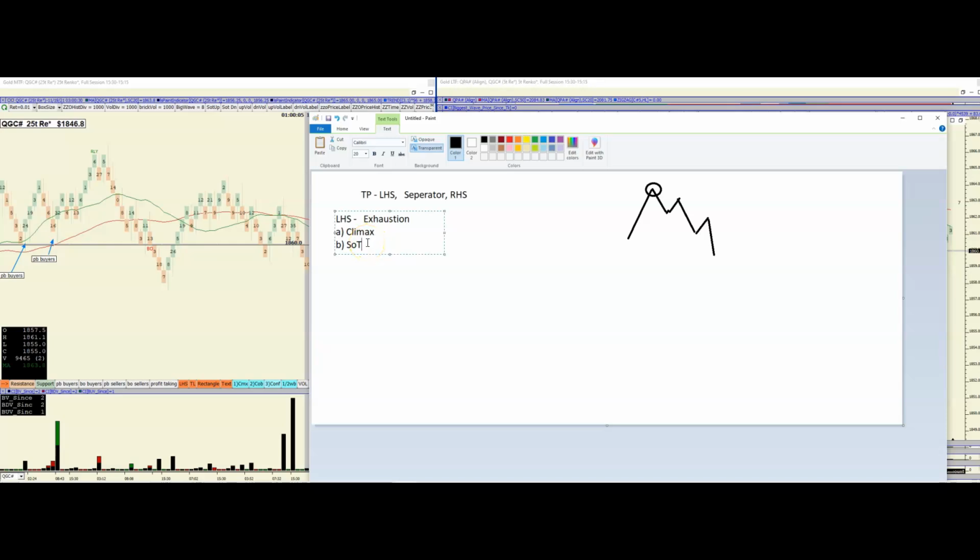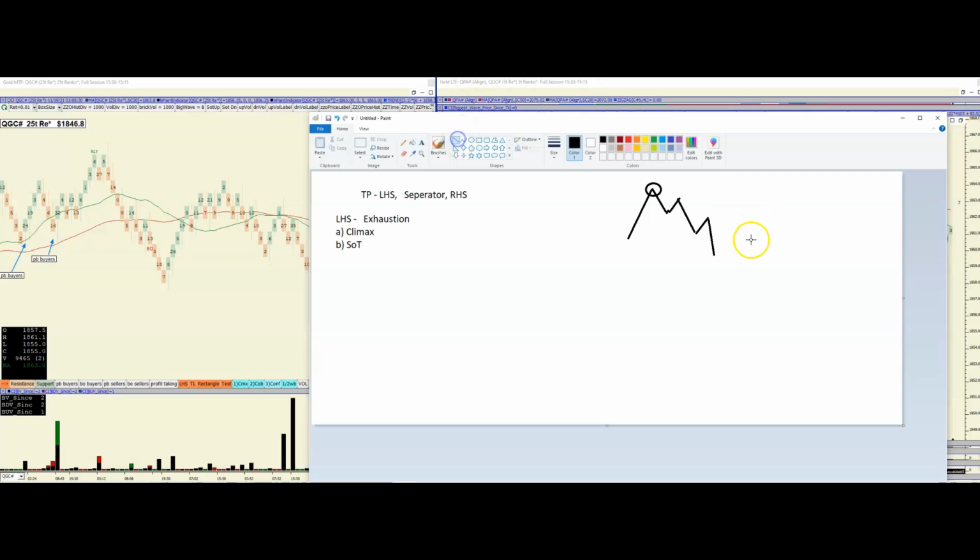This type of exhaustion is more gradual. And what I mean by that is it's very methodical. So you have from high to high, and this is also what Wyckoff referred to when he said the upwaves are shortening in time and distance.